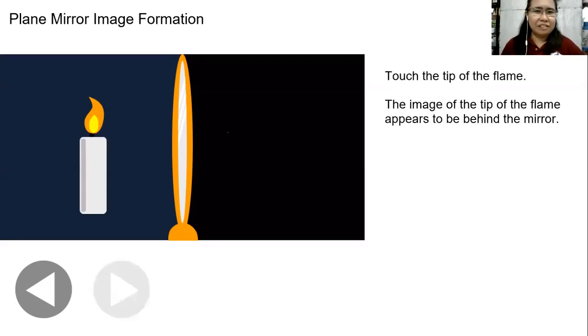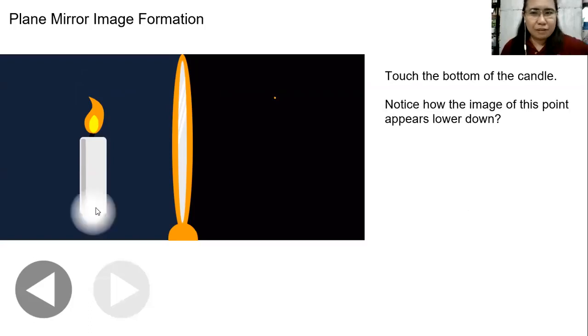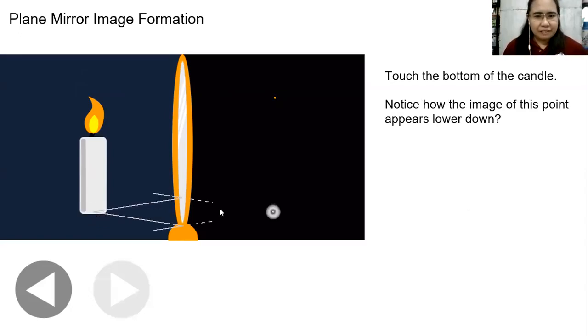So, we're going to touch the tip of the flame. Okay, makikita kayong dot. Yun ang mag-appear naman dito sa likod ng mirror. Now, we will touch the bottom of the candle. We can see that yung na-touch natin ditong point ay mag-appear din dito.